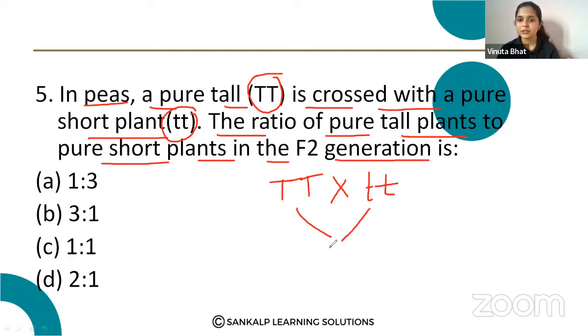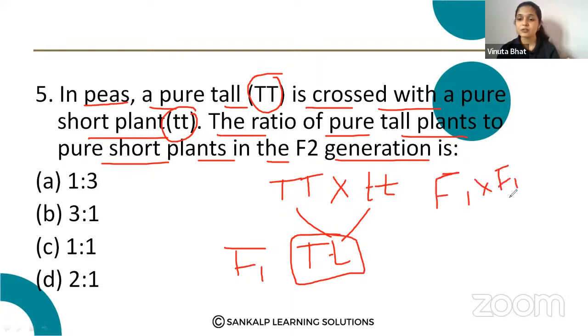So in the F1 generation, all the plants are tall plants, right? When this F1 generation is crossed, F1 into F1, okay, F1 plants are self-pollinated, means Tt crossed with Tt.